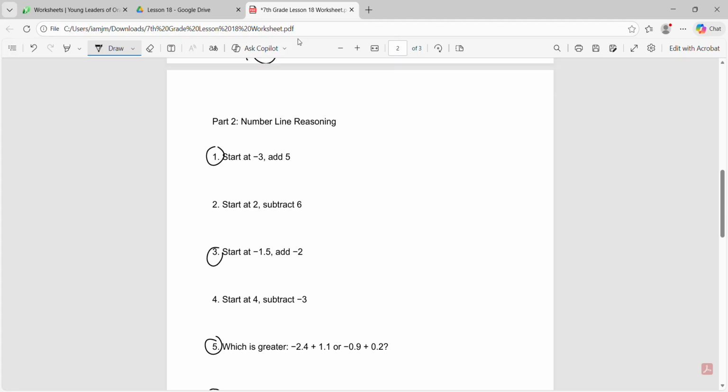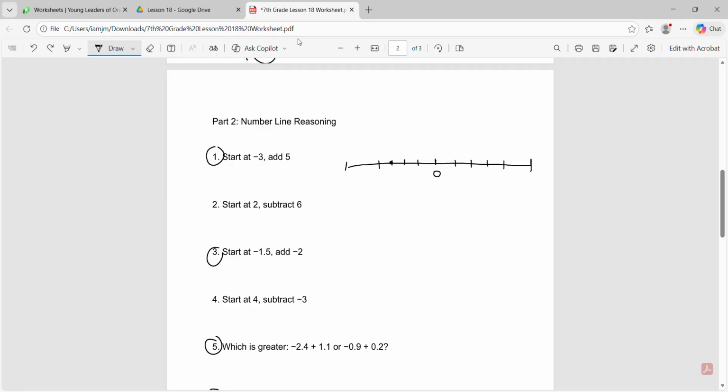Start at -3 and add 5. We can draw a number line for greater understanding. Start at -3, and add 5: 1, 2, 3, 4, 5.